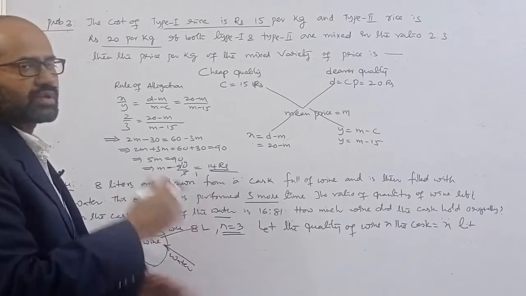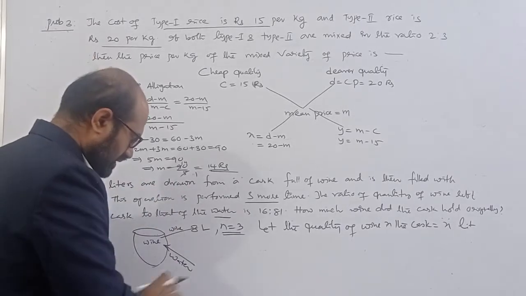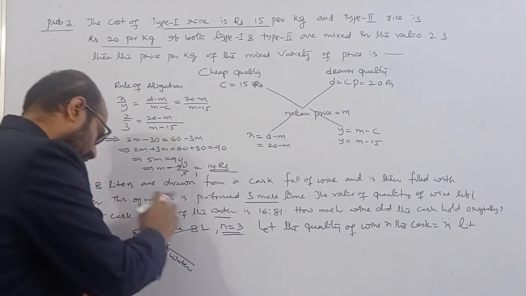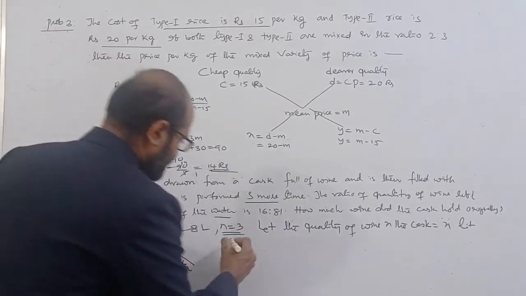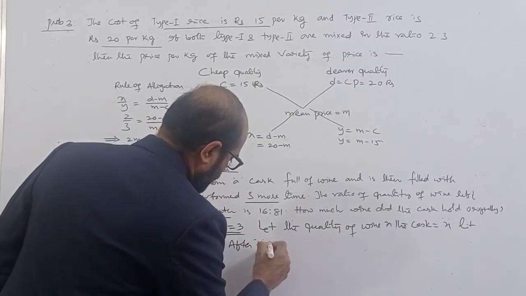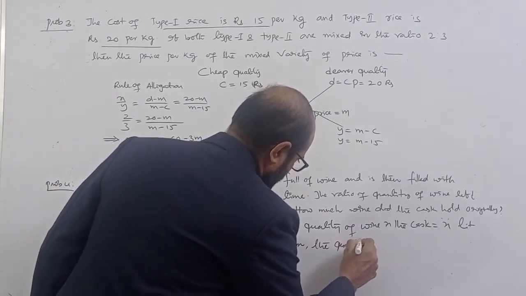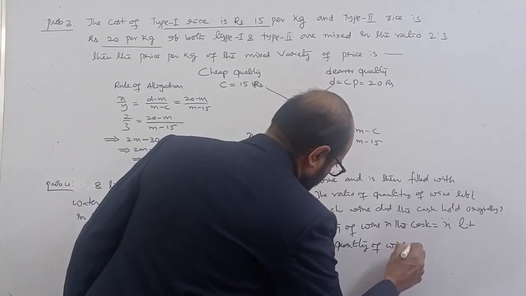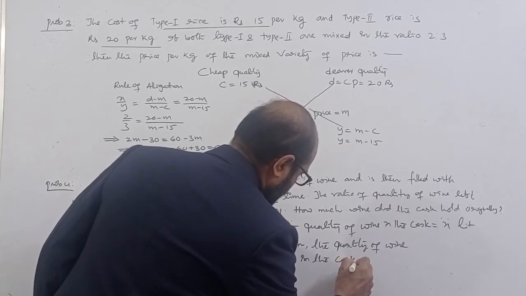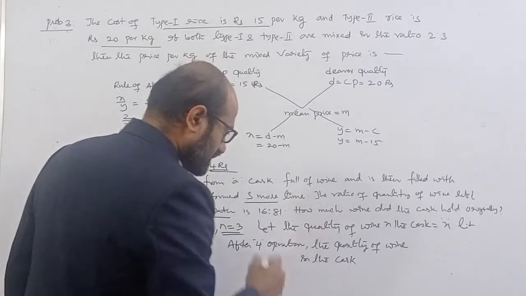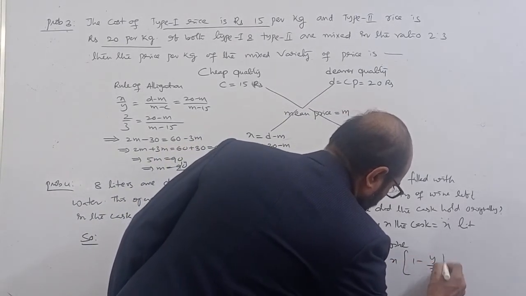Now after these 4 operations, removing 8 liters, adding water, removing, adding, the quantity of the wine in the cask is given by the formula x into 1 minus y by x whole power n.